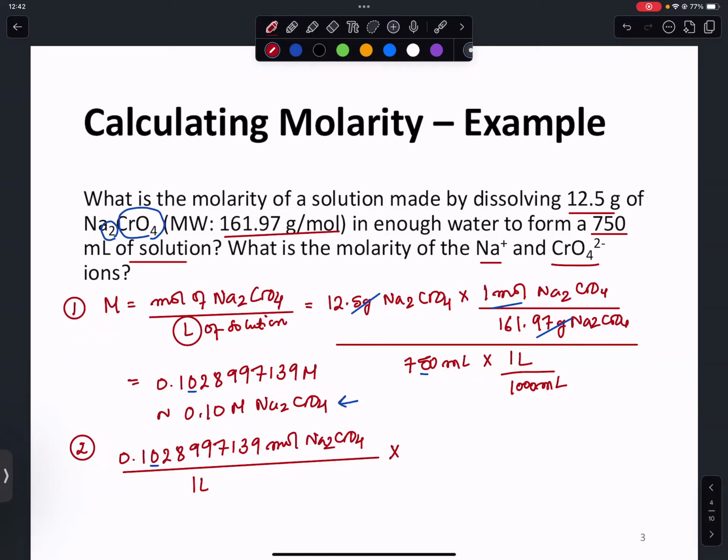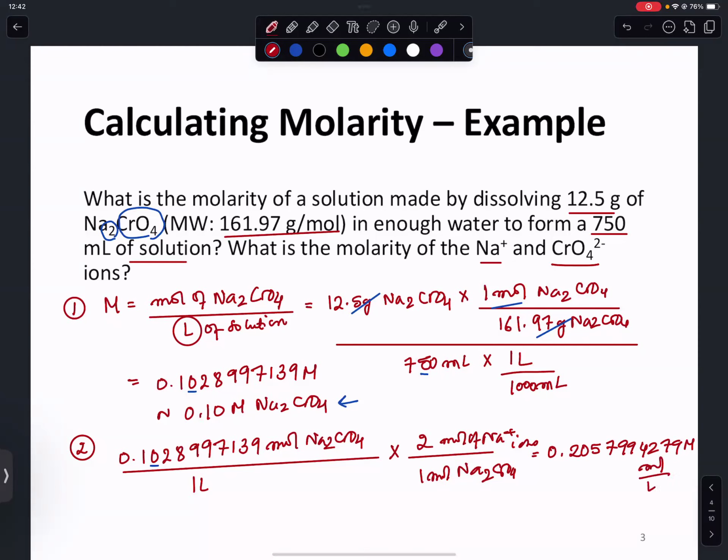So for every mole of sodium chromate, I have 2 moles of sodium ions. Okay, and this should give me 0.025799429 molar, or moles per liter, of sodium.